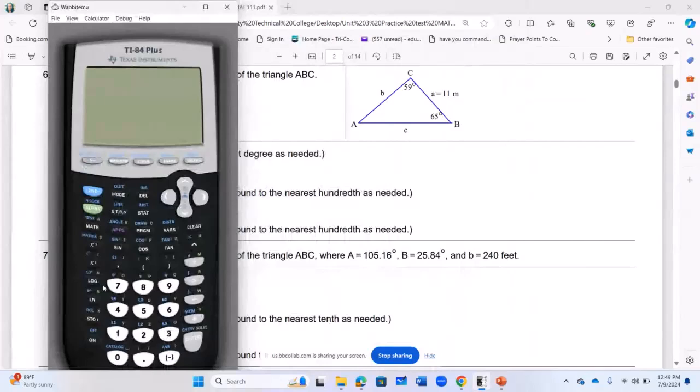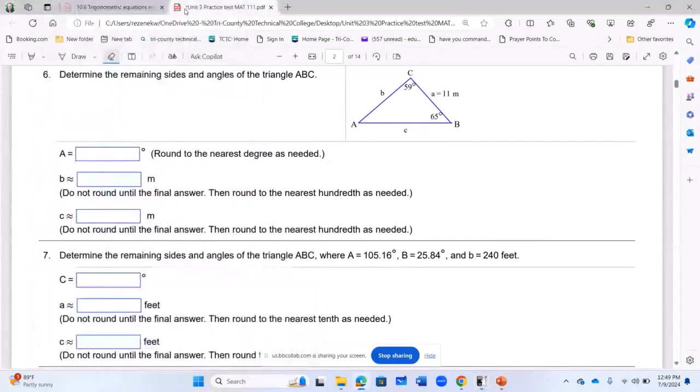So I have 180, the angle sum of a triangle is 180, minus 59, they are in degrees, minus 65. When I hit enter, I have 56. So the missing angle, which is angle A, is 56.